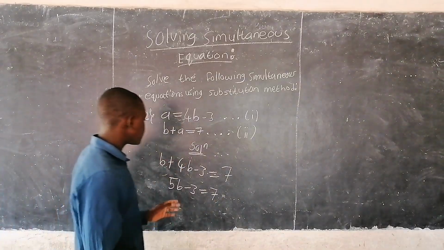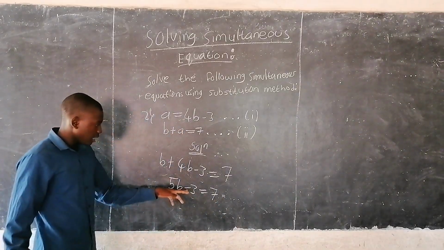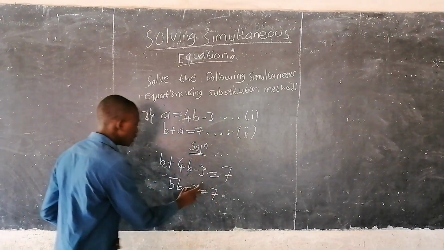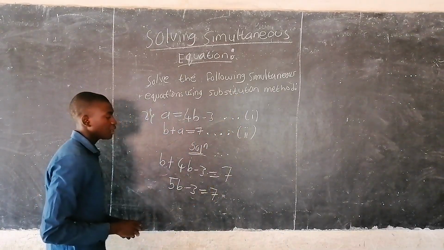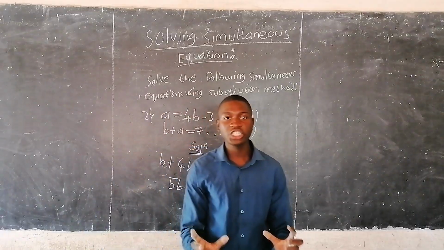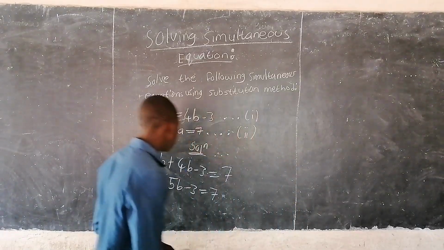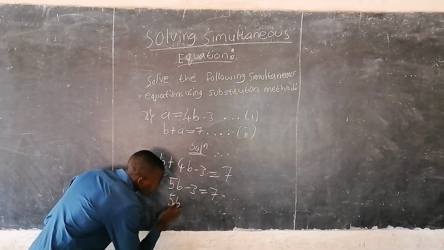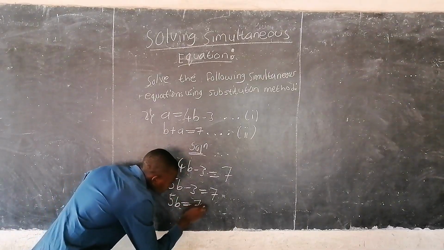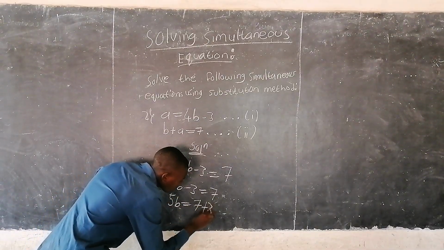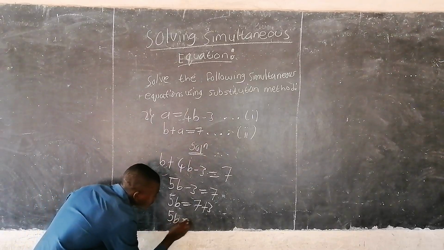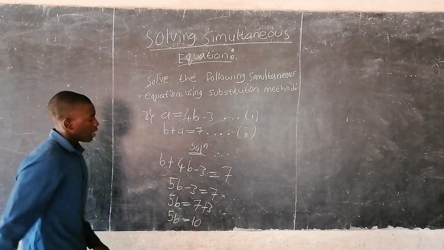As we can see, negative 3 and 7 are like terms, and negative 3 will cross the equal sign, which will make it change its sign into a positive sign. So we have 5b is equal to 7 plus 3, and we have 5b is equal to 10.